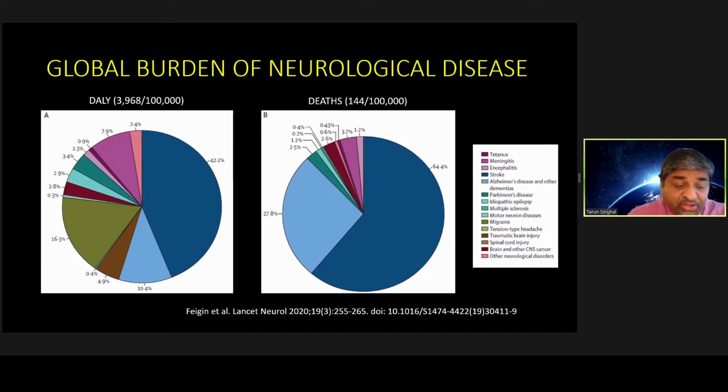Diseases of the brain are a major source of disability and mortality burden worldwide, leading to thousands of disability-adjusted life years lost per 100,000 population.